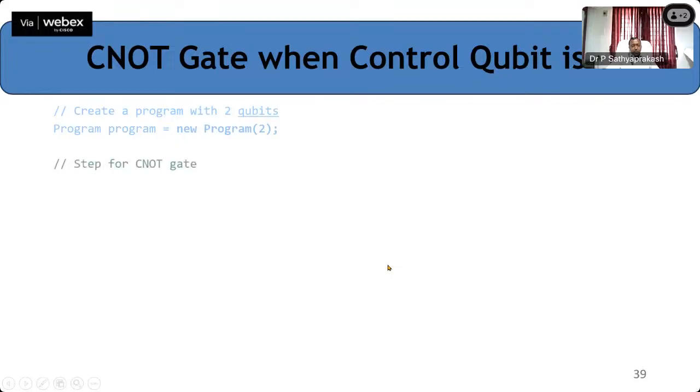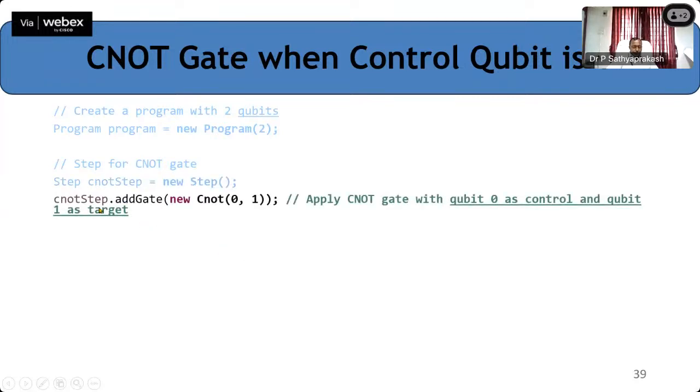Then the implementation sample code of CNOT. Don't worry, I will be going through this code, and we will see a line by line explanation of the code in Eclipse. With the help of step, we have the CNOT, written as C naught by convention. We add the C naught gate.